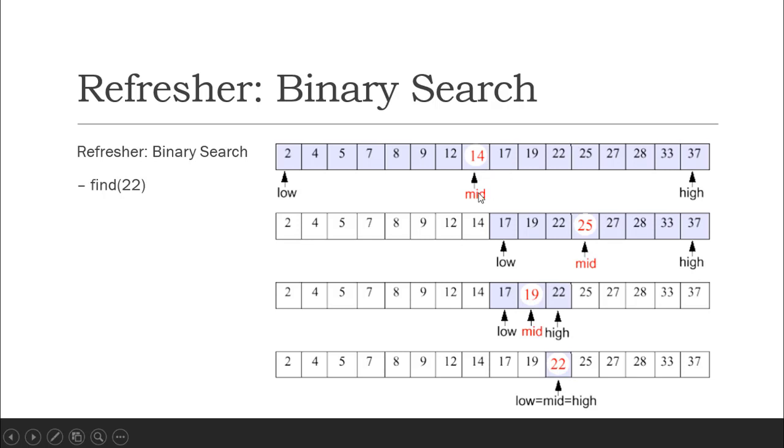Starting from the midpoint to the next key element, in this case we have 17 to 37. Again, find the midpoint in these key elements: 17, 19, 22, 25, 27, 28, 33, and 37.